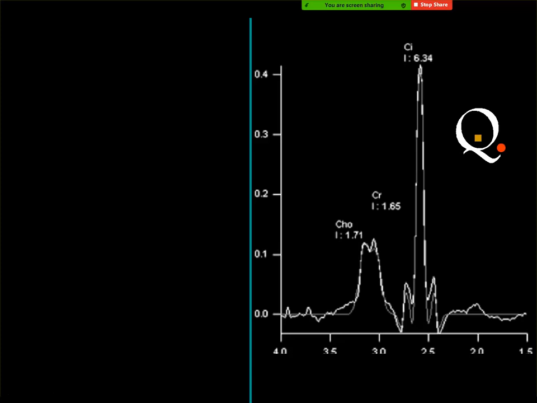This is for prostate cancer, elevated citrate, decrease of choline. Yes, this is the MR spectroscopy of the prostate. And you see the citrate is elevated with slight elevation of the choline and the creatine. What do you think? Prostate cancer? No?